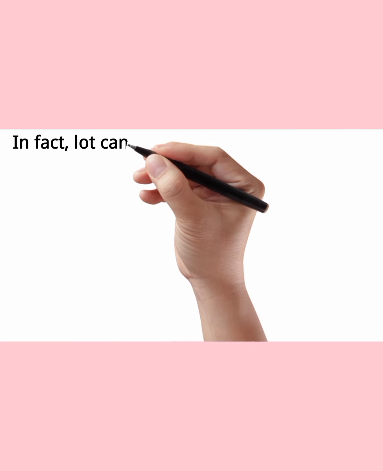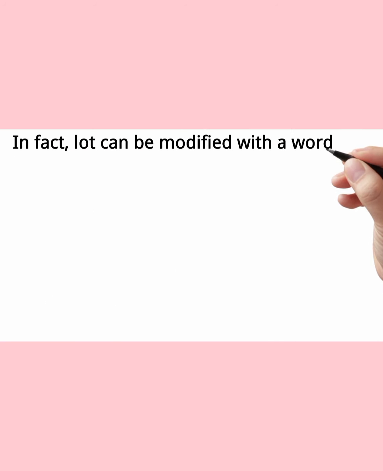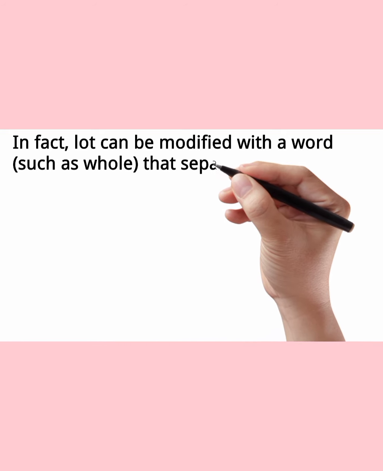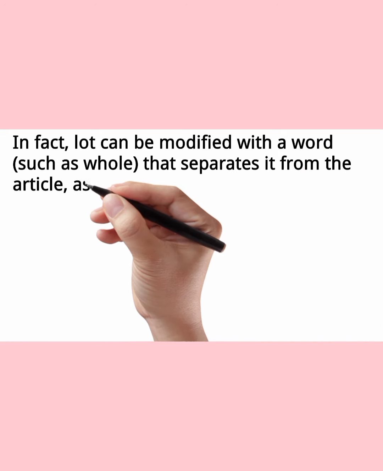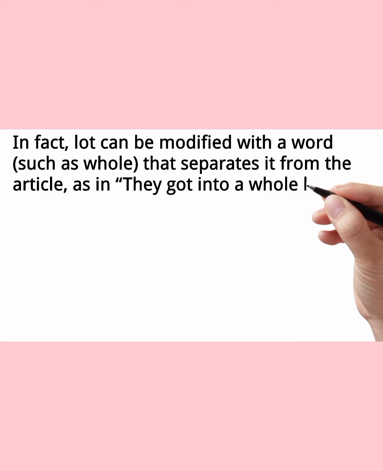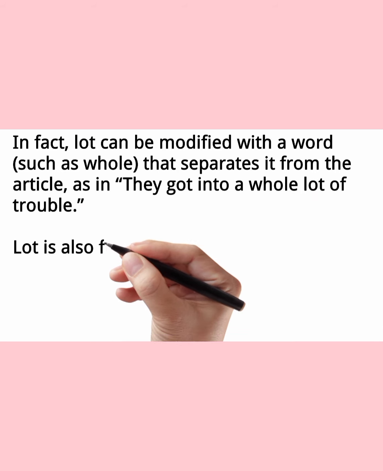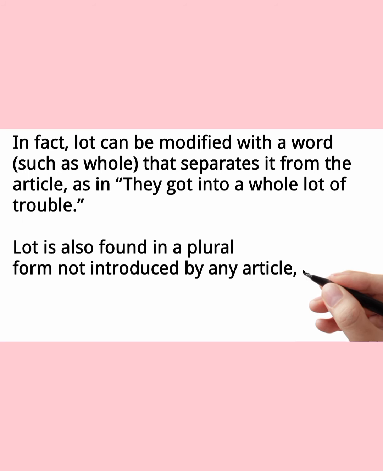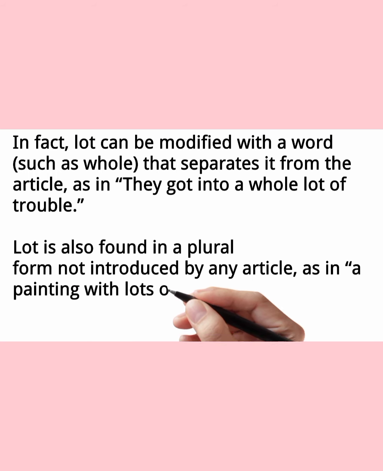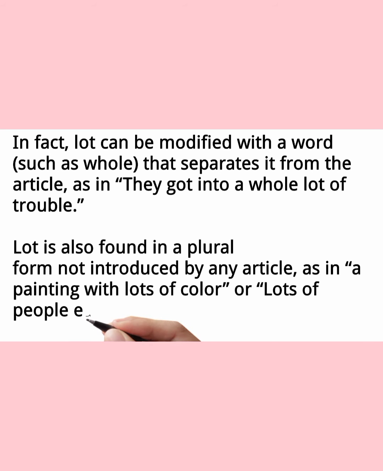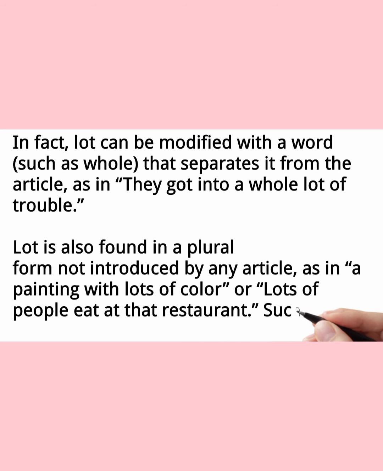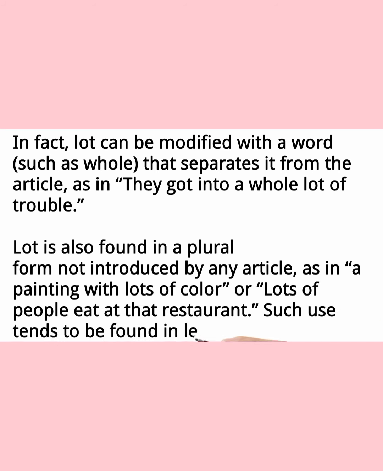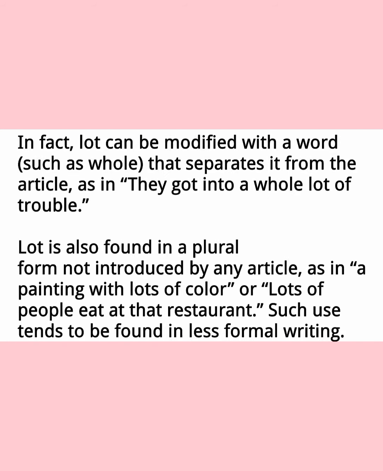In fact, lot can be modified with a word, such as whole, that separates it from the article, as in, they got into a whole lot of trouble. Lot is also found in a plural form not introduced by any article, as in, a painting with lots of color, or, lots of people eat at that restaurant. Such use tends to be found in less formal writing.